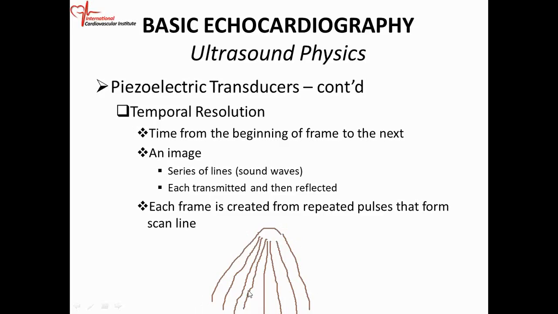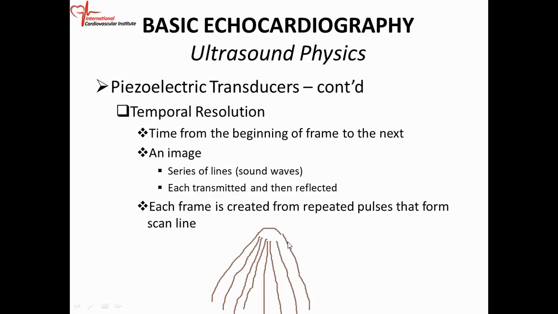If you want to define temporal resolution, it is the time from the beginning of one frame to the beginning of the next frame. To get an image in ultrasound, you need a series of lines.